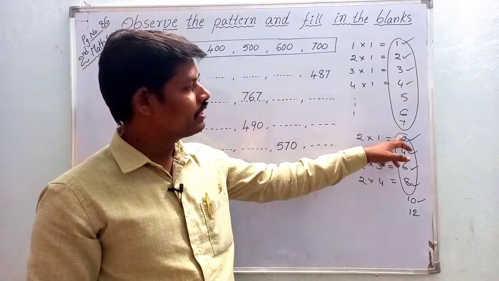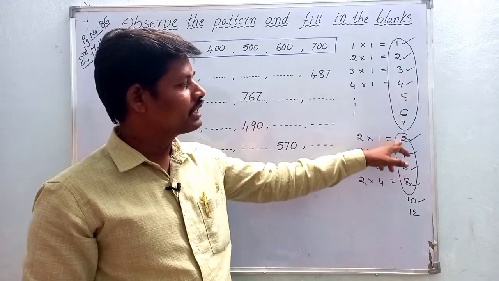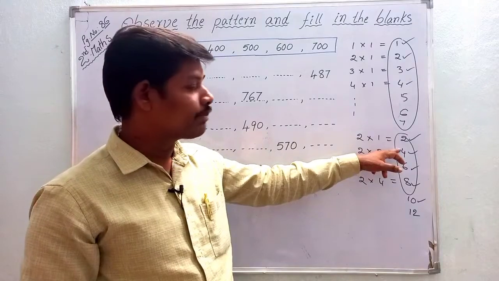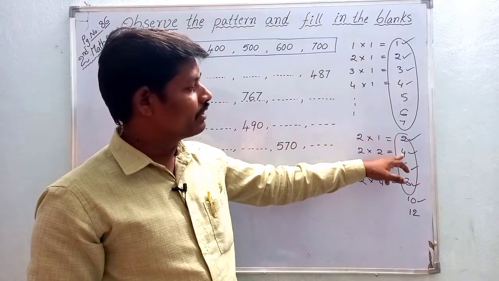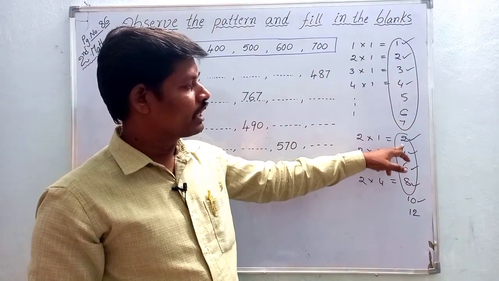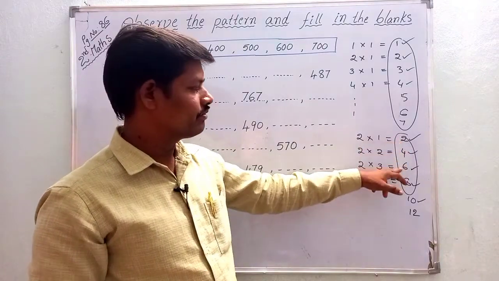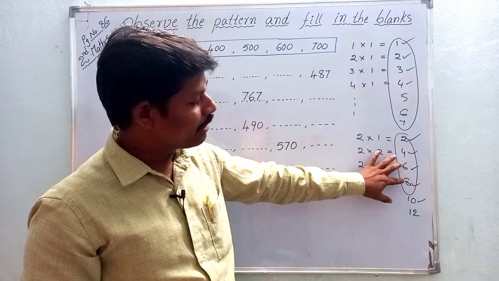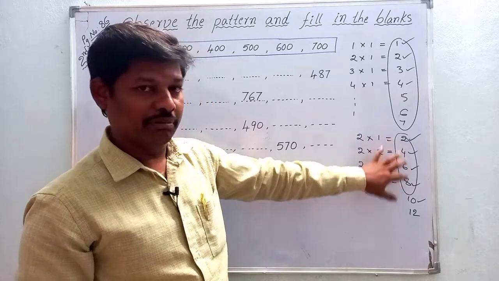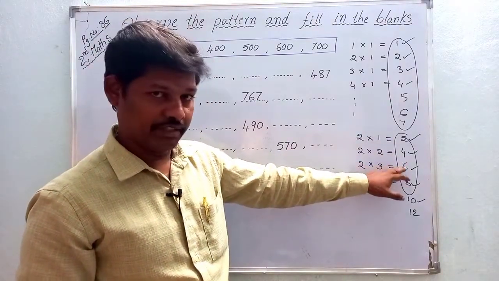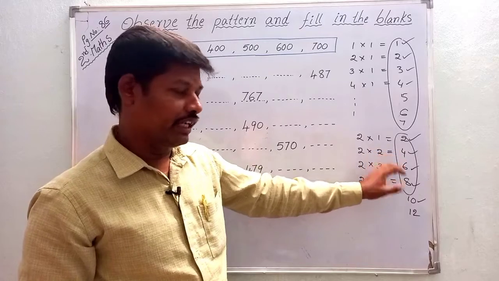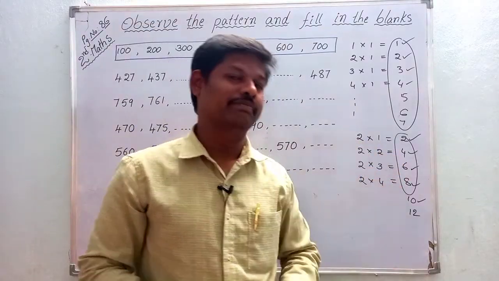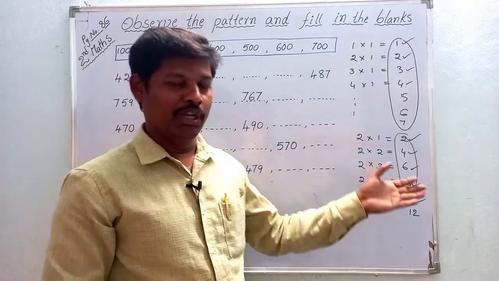If you observe between two consecutive numbers, side by side numbers, the difference between 4 and 2 is 2. 6 and 4, the difference is 2. That means between any two successive numbers, the difference is 2. Like that patterns will come. Like that the 3 table also.